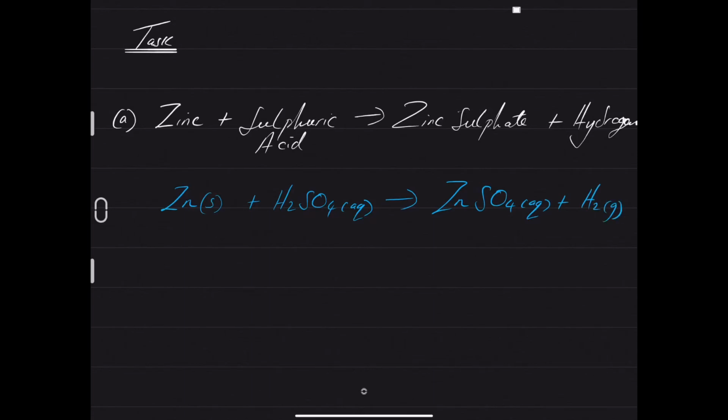So the mark was 1 for getting the chemical symbols correct and making sure it was balanced, and in this case there were no additional steps. And the second mark would have been for making sure that the state symbols were correctly allocated. So this is an example for zinc metal with sulfuric acid.